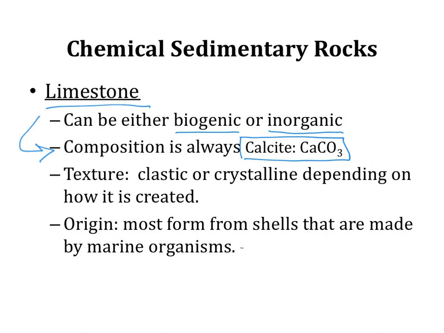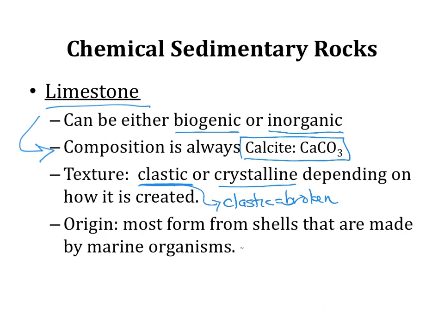When we talk about texture in these rocks, the rocks can be crystalline, right? That's what you get when you have crystals precipitate directly out of water. But the rocks can also be clastic. And the word clastic means broken. So if you have a rock made out of many broken pieces of shell, that would be a clastic texture.